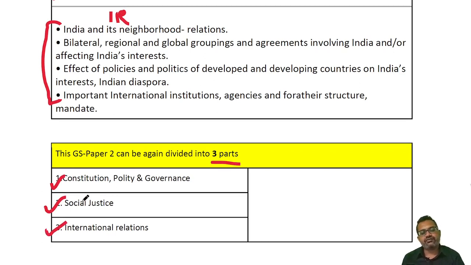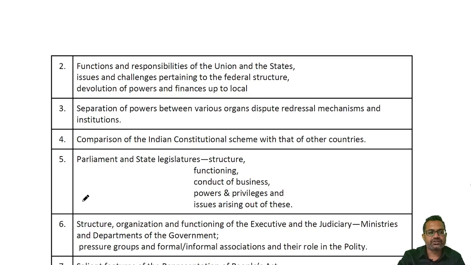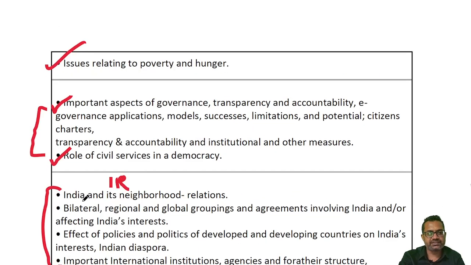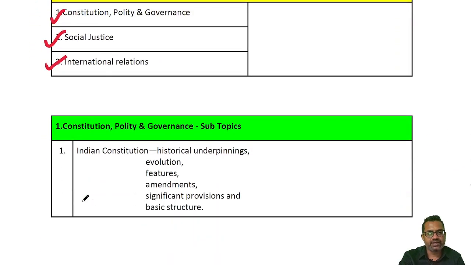Now we will give numbers to every topic in the constitution and polity. How? In this manner. The first topic of the syllabus is Indian Constitution. In this topic, these are the subtopics: historical underpinnings.